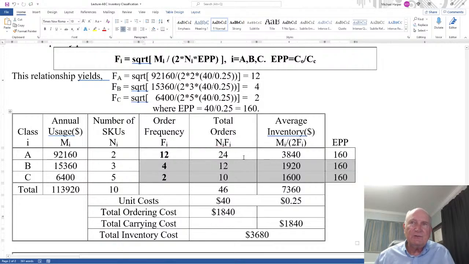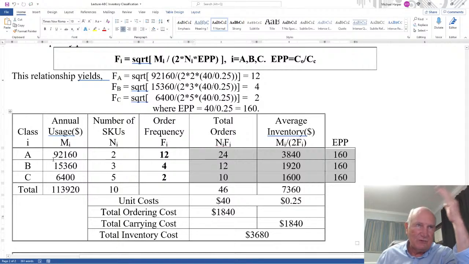And since we're doing this automatically, you don't have to do it in classes. You can do this for each individual item because you have big data, you have your computers. You can do this for each individual item, called an item analysis.